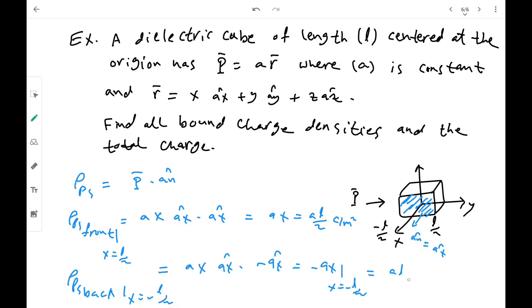So the bound surface charge at that face is also equal to A L over 2 coulomb per meter square. If you repeat for all faces, you will see that rho ps equals A L over 2 coulomb per meter square for all faces, since the position vector x ax plus y ay plus z az is identical in all directions.